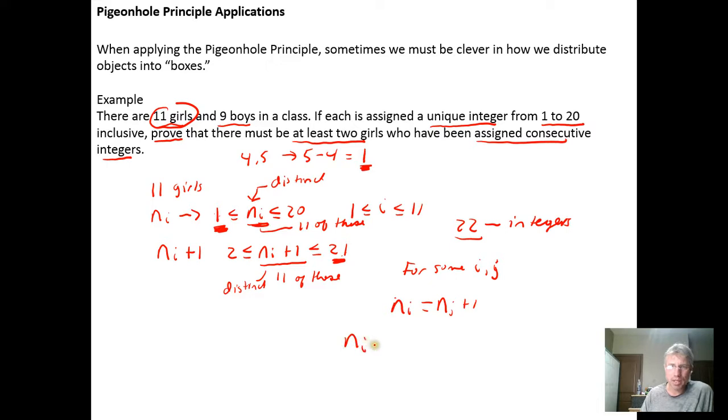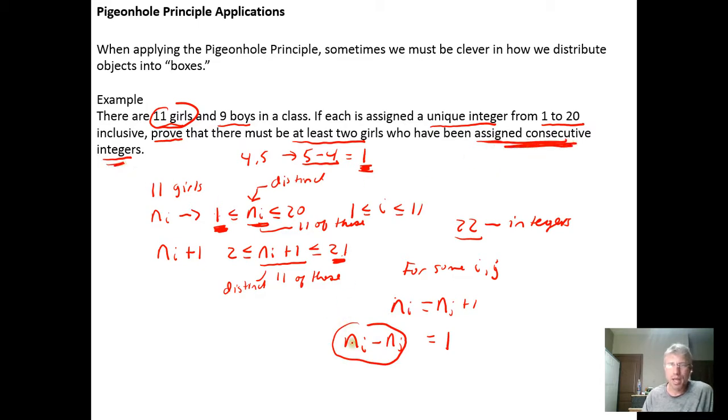Then if I subtract n sub j from both sides, n sub i minus n sub j, I see that the difference between the two numbers is 1. If the difference between two numbers is 1, that means those two numbers are adjacent to each other. So there must be two girls who have been assigned consecutive integers.